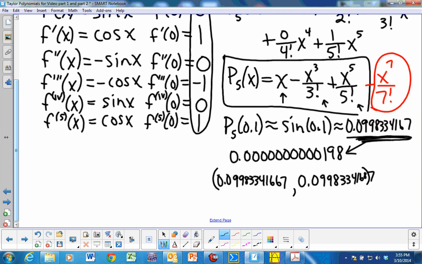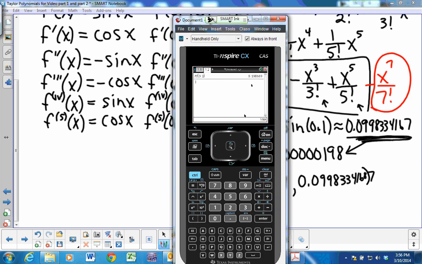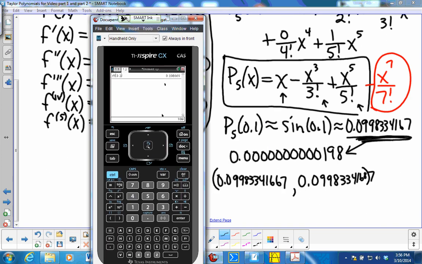Well, if you do sine of 0.1 on your calculator, you're going to find that you are in that interval. So let's do sine 0.1 and hit enter, and we can see that our answer is definitely in that interval. If you look carefully, we do fit in there.